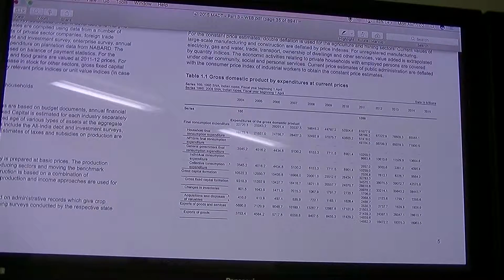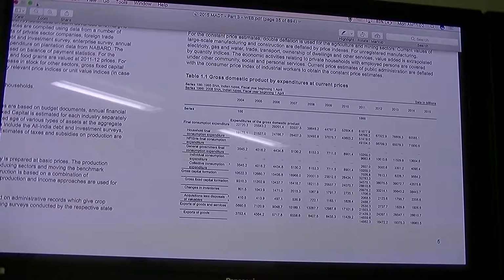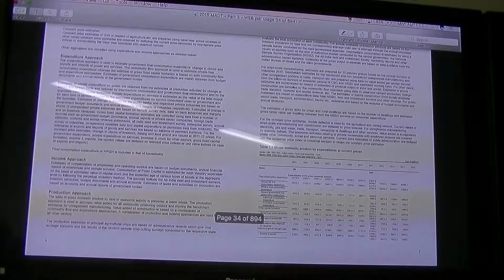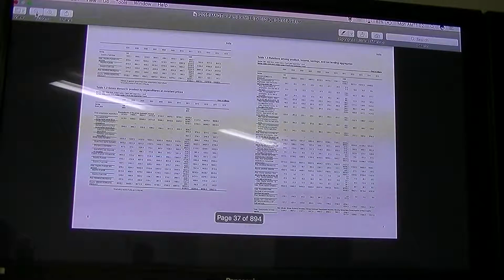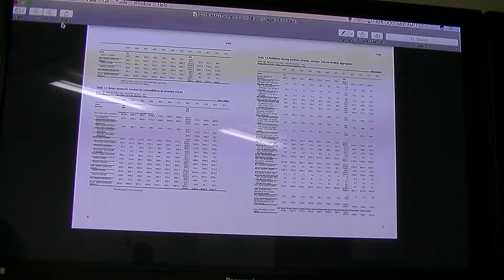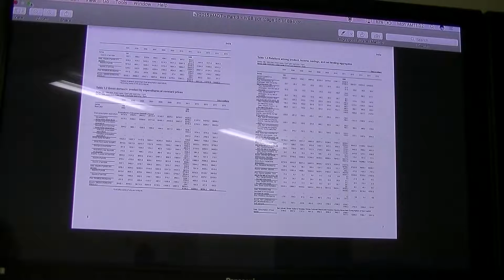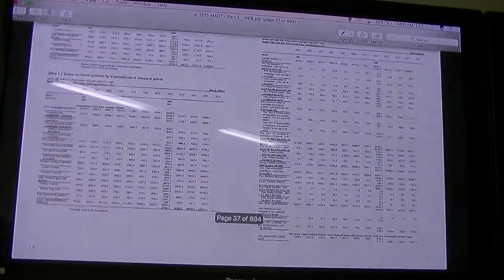This is data for India. And I wanted to show you some of the, yeah, let me do this.